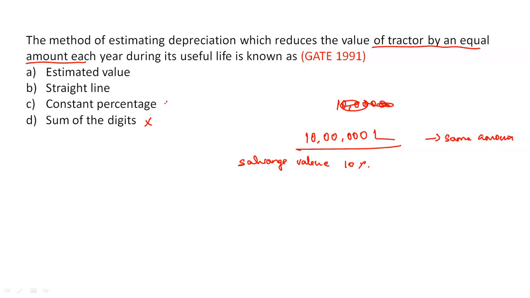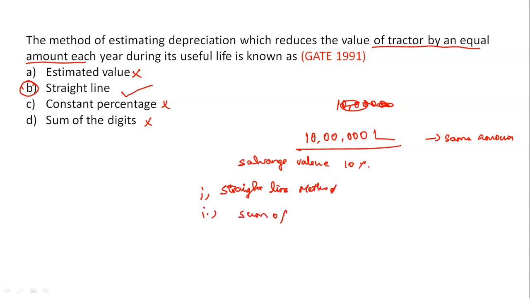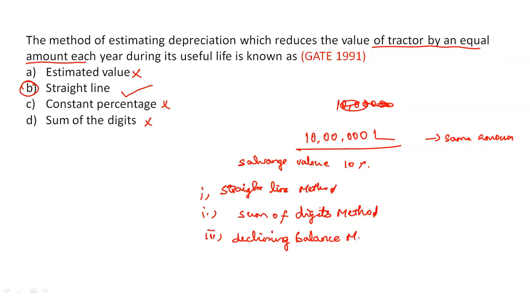We cannot use constant percent. We cannot use estimated value. The straight line method is the correct answer. So there are three types of depreciation method we can use. One is straight line method, another one is the sum of digits method, the next one is the declining balance method. So these are the three types we can use to calculate the depreciation of the tractor.